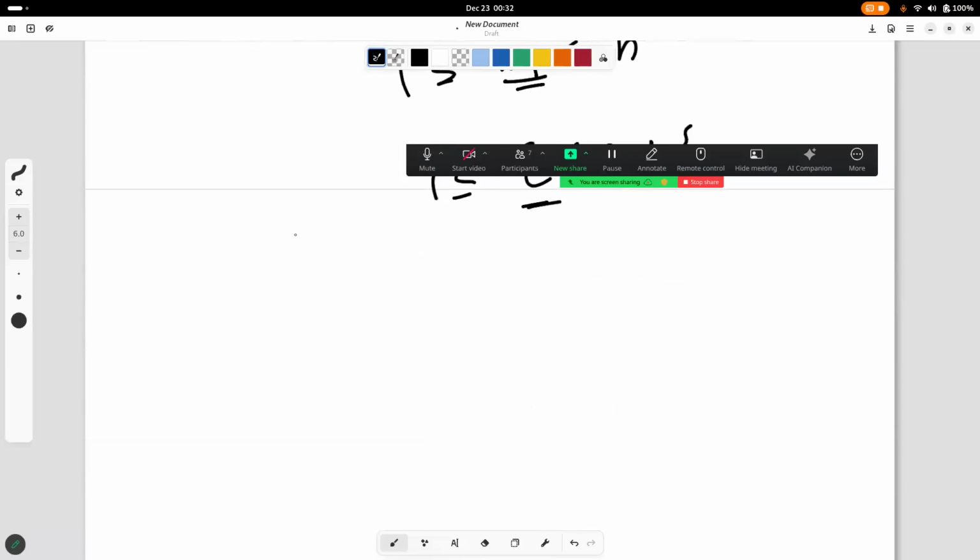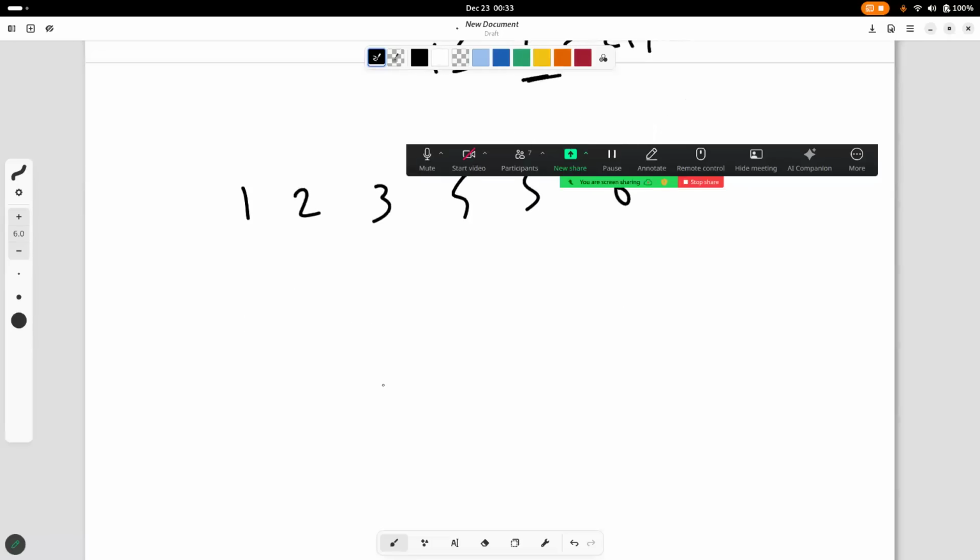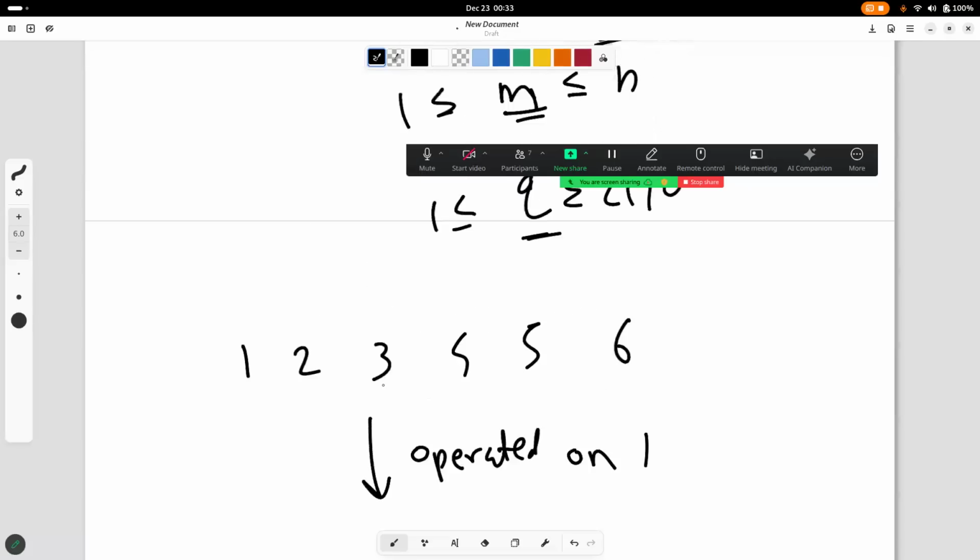Okay, now let's consider what's happening over here. Initially you had 1, 2, 3, 4, 5, and 6. Then you operated on 1.